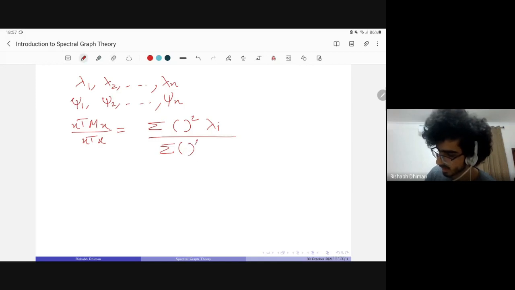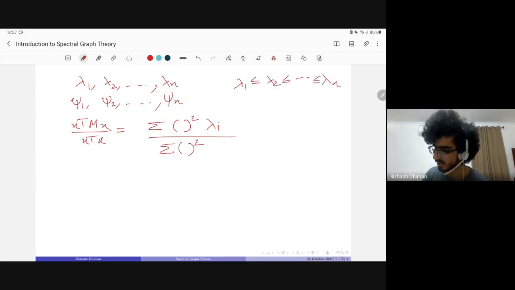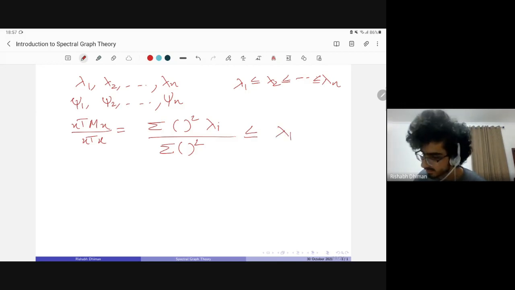And again, this is a weighted mean and all the coefficients are positive. So if I order these values, then this will definitely be greater than or equal to lambda 1, simply because it's a weighted mean, so you can apply whatever inequalities you want.